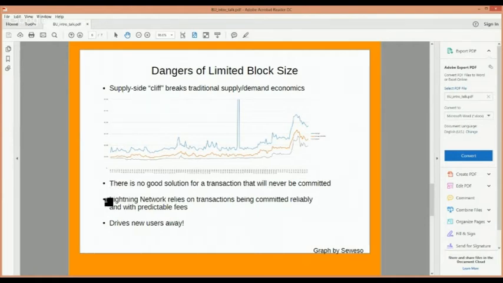Finally, in Bitcoin Unlimited, we're not against the proposals for off-chain scaling. We just want those proposals to compete in a fair, level playing field against the on-chain scaling methods. And actually, the Lightning Network, which is the proposed off-chain scaling mechanism, has issues with limited block sizes, and the main issue is that it relies on transactions being committed reliably and with predictable fees.